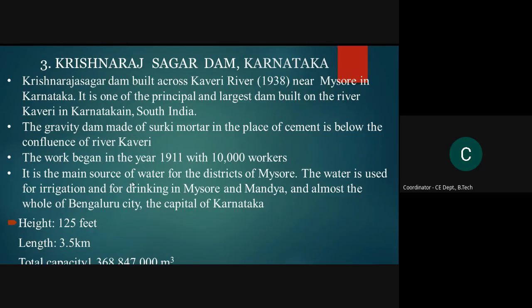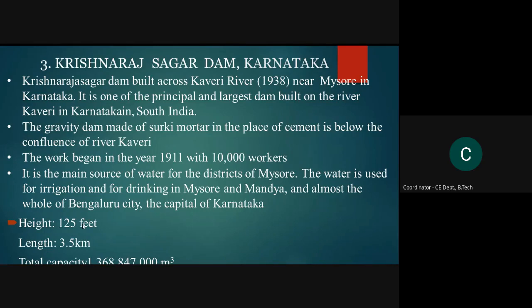The work began in the year 1911 with 10,000 workers. It is the main source of water for the district of Mysore even today. The water is used for irrigation and for drinking purposes in Mysore, Mandya, and almost the whole of Bangalore city, the capital of Karnataka.